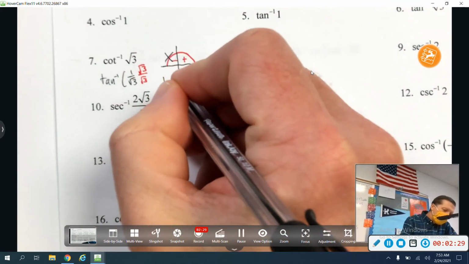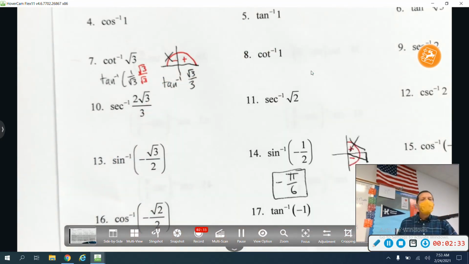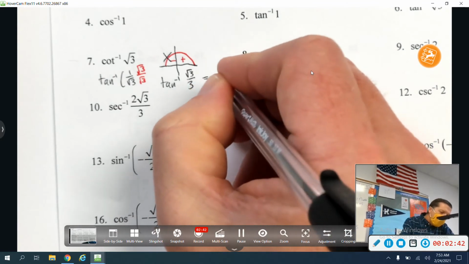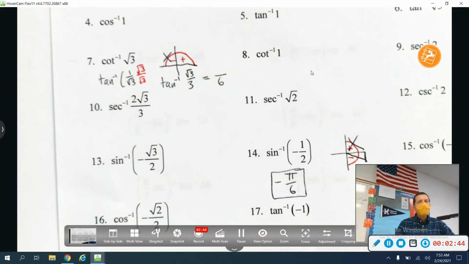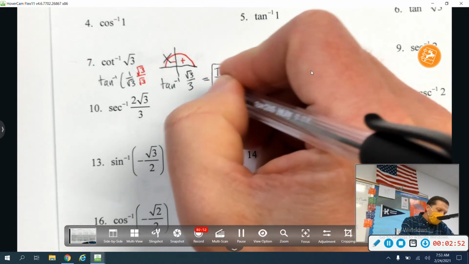So I want inverse tangent of root 3 over 3. Well, there's 2 3's, and 2 3's make a 6. So I know it's over 6. I already said it's in the first quadrant. There's only one angle in the first quadrant that's also over 6. Pi over 6.